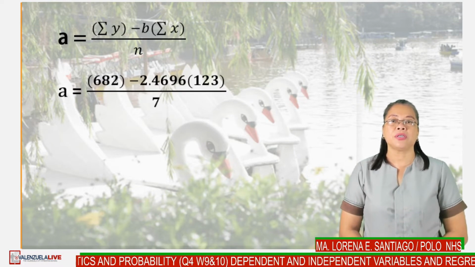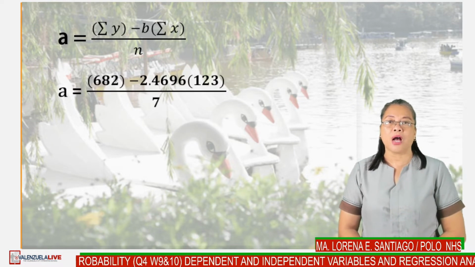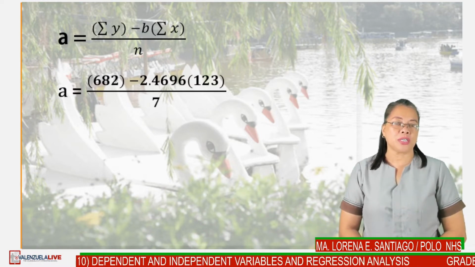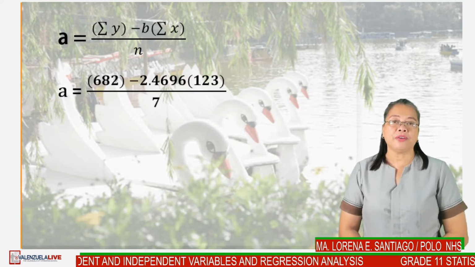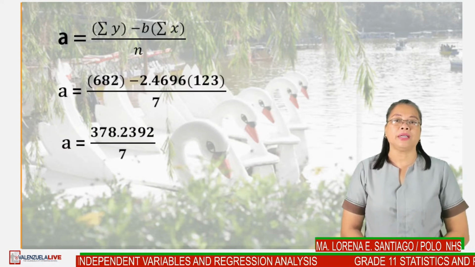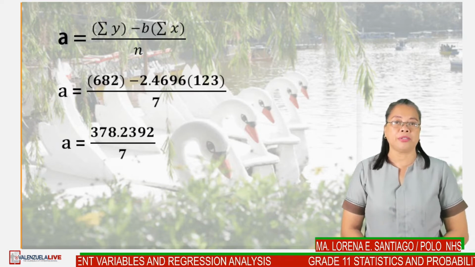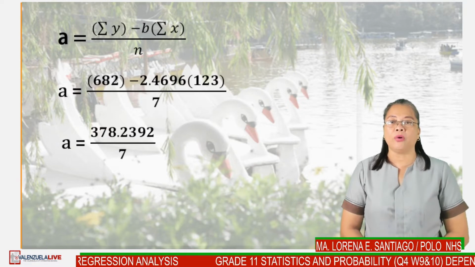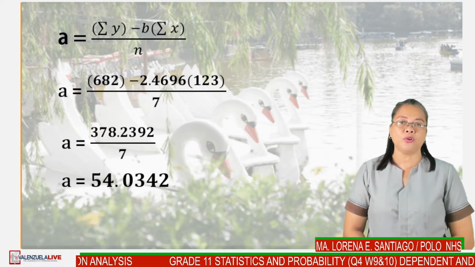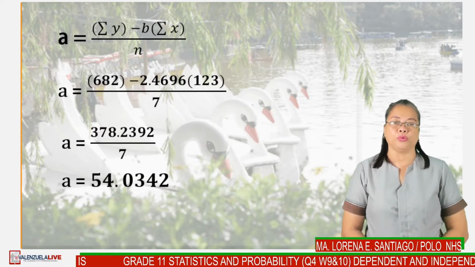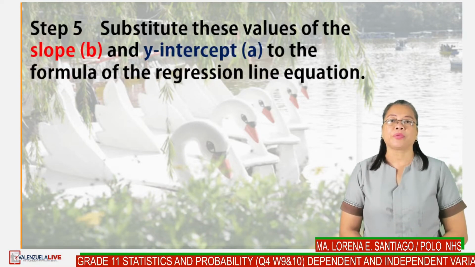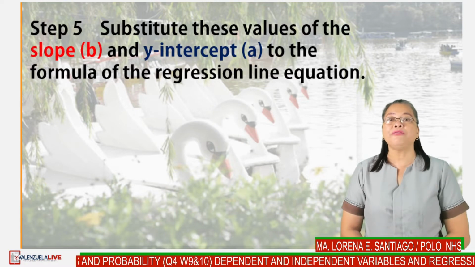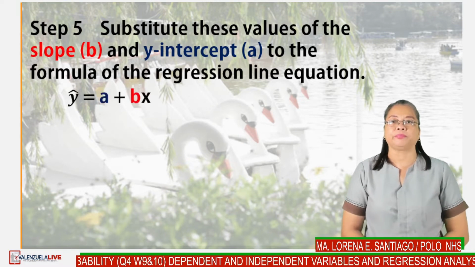Supplying the values, 682 minus our slope, which is 2.4696, times the summation of x, which is equal to 123, divided by 7, we will get an a equal to 378.2392 divided by 7, and thus our y-intercept would be equal to 54.0342. And so, we will now substitute these values, slope and y-intercept, to the formula of the regression line equation.